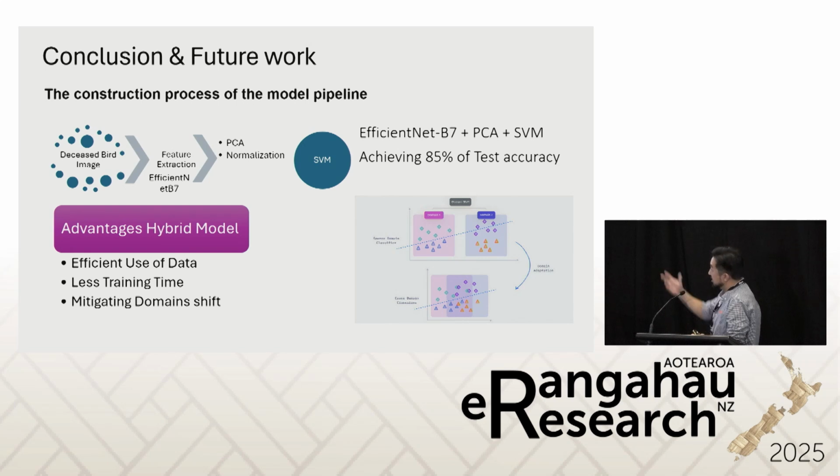There are three major advantages of the hybrid model. The first is efficient use of data. We only have about 1,000 usable dead bird images, whereas other computer vision models are normally trained on much larger data sets, like ImageNet or COCO. The second is less training time. To get very high accuracy, you would normally train a computer vision model over 50 epochs, which takes lots of time.